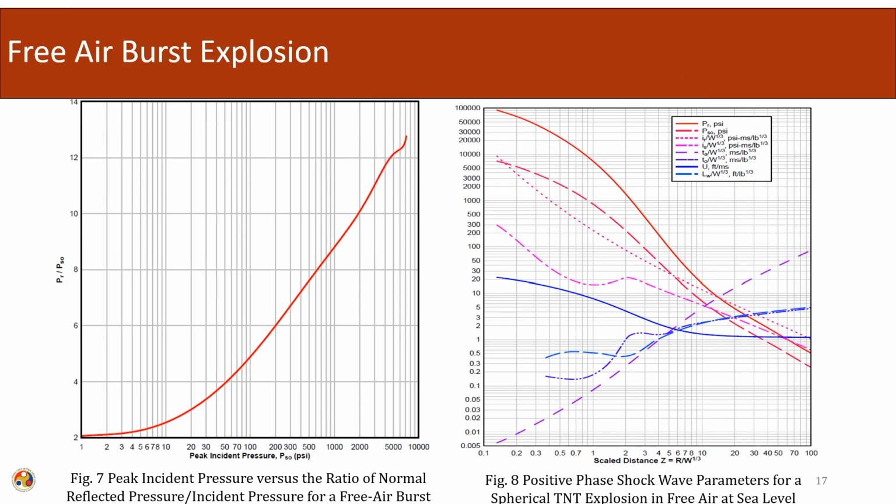Moving ahead, here we are talking about the charts. Here we can see different types of charts. On the x axis we have the peak incident pressure, and on the y axis we have the normalized reflected pressure, normalized with the peak incident pressure.